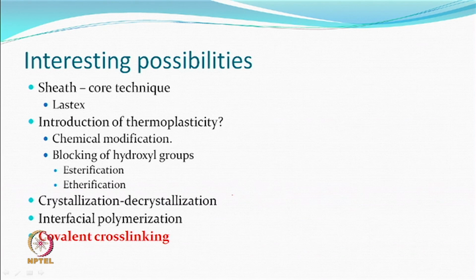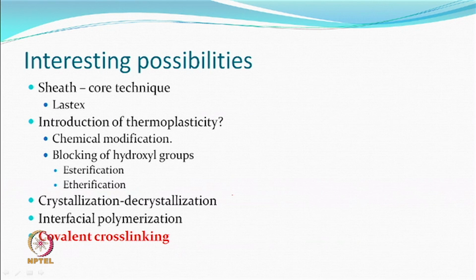The other thing you can see is that cotton and cellulose attracted the attention of researchers so much that many methods have been tried. Finding that this is not a thermoplastic material, what do we do? So, this is what people started doing: covalent cross-linking.